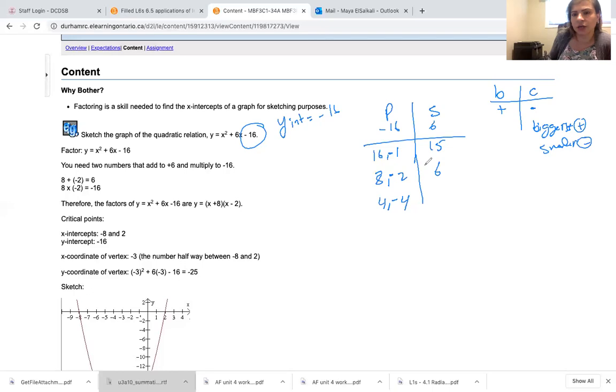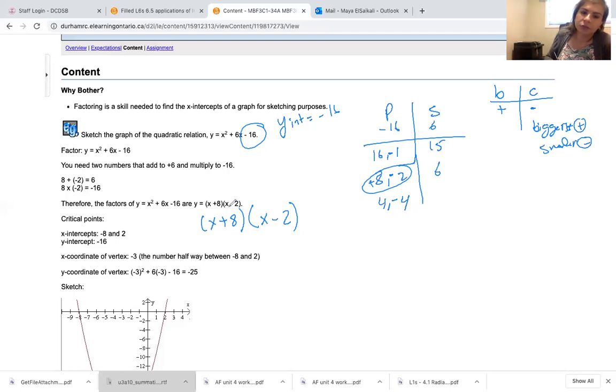There you go, I just got it. 8 and negative 2. So this is going to factor to x plus 8 and x minus 2. So this is where you're getting your answers from.